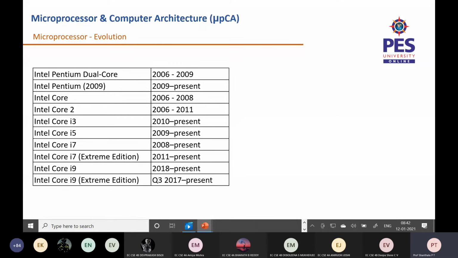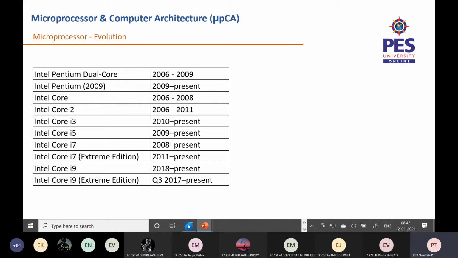Now when you are buying a laptop, you would have seen the i3 version, i5, i7 generations, etc. So which of the microprocessors are we going to study in our course? Definitely, if I say which processor we are using, I'll go to the extreme edition, Intel Core i9.